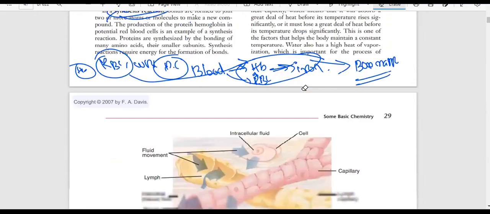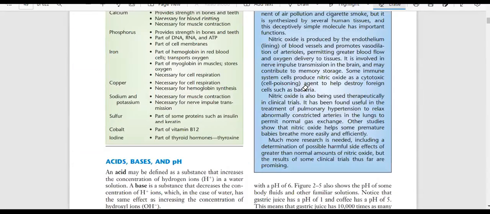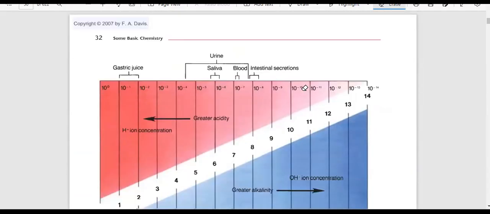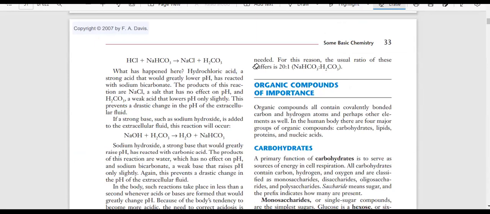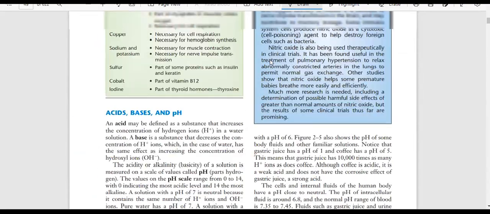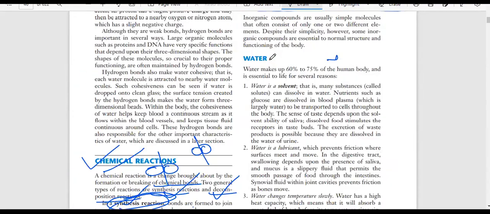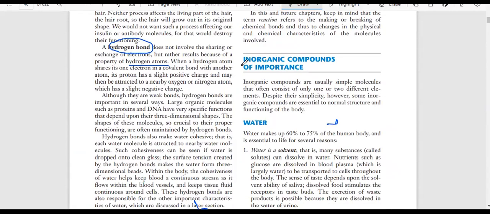What are inorganic compounds? We have two types of compounds, inorganic and organic. Later on we will talk about organic. First we will talk about inorganic. What is meant by inorganic?